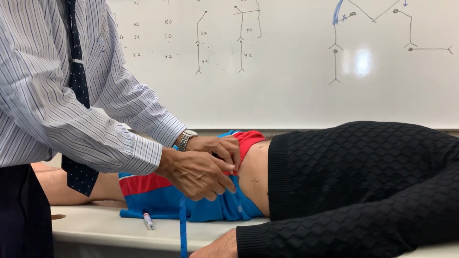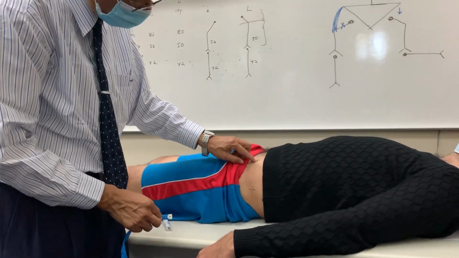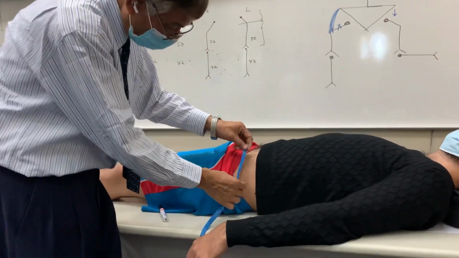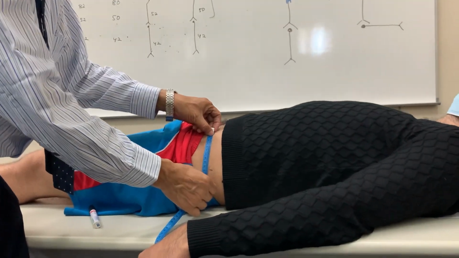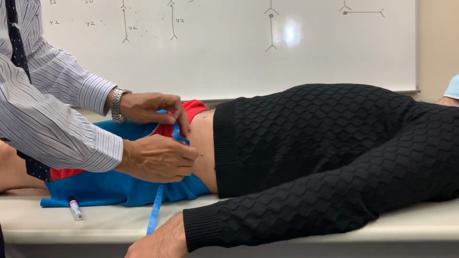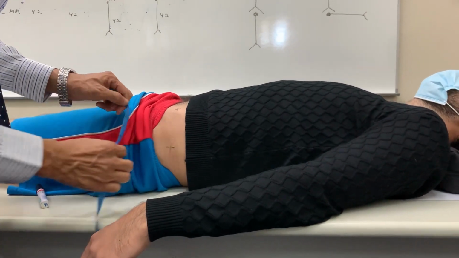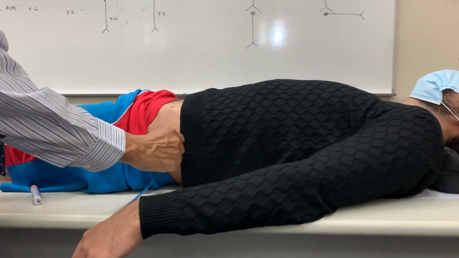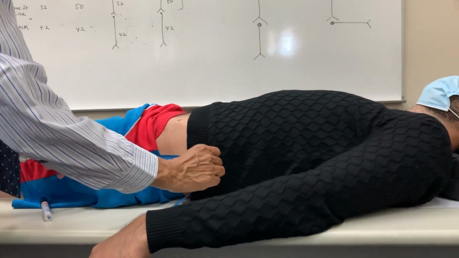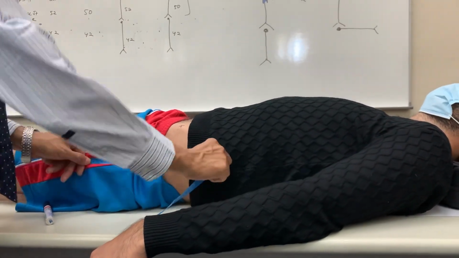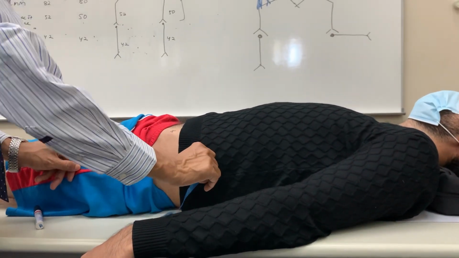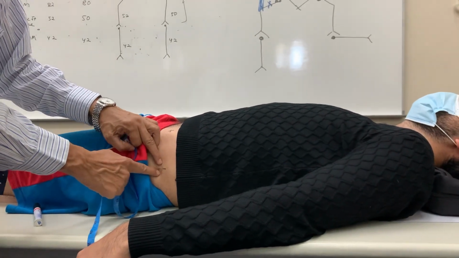Okay, I will tell you again. From the anterior superior spine, you draw a vertical line. From the greater trochanter, you draw a horizontal line along the femur. In this way there is an intersection point here.